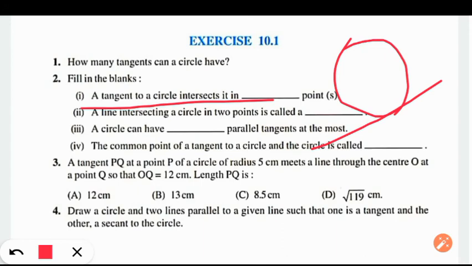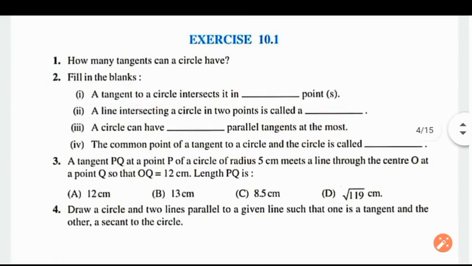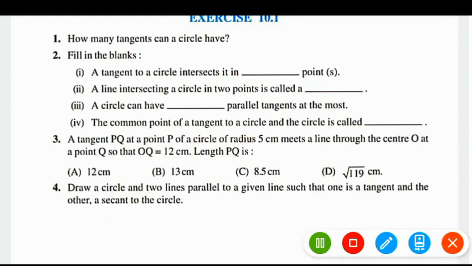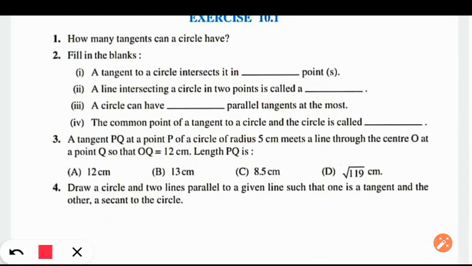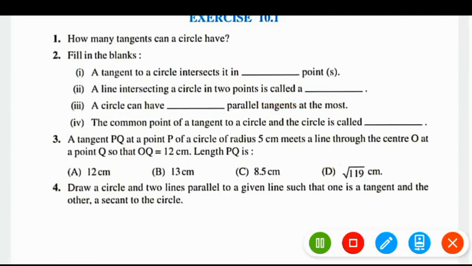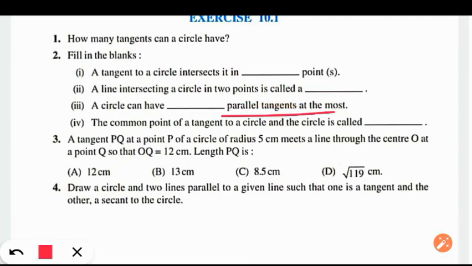I think at one point. So the answer will be 1. A line intersecting a circle in 2 points is known as a secant. A circle can have how many parallel tangents at most? I have written there 2.